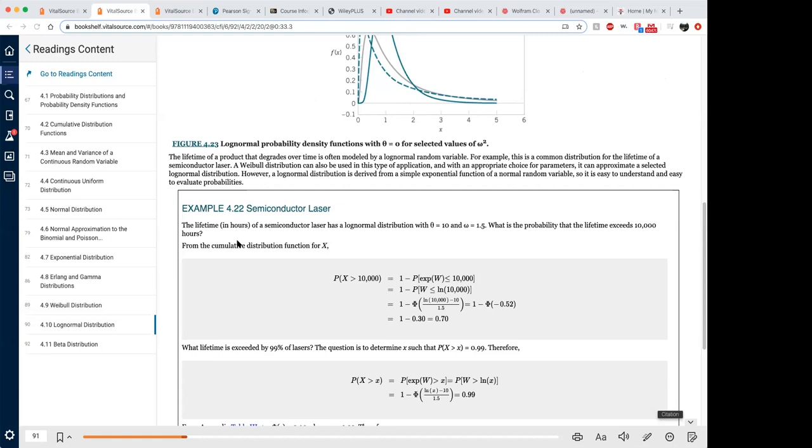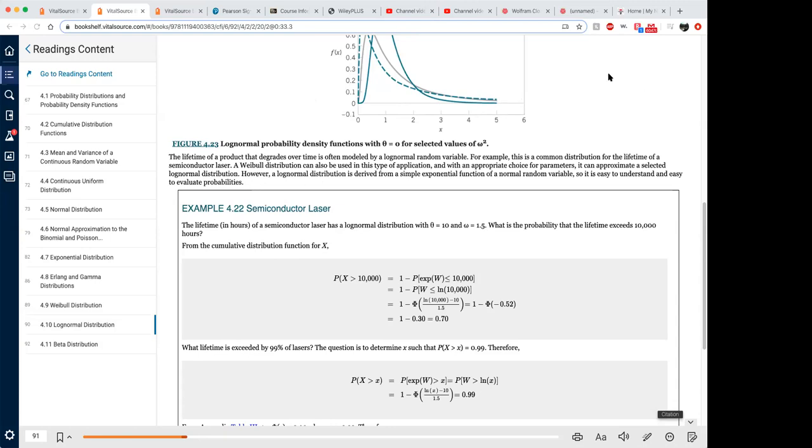The lifetime in hours of a semiconductor laser has a Lognormal distribution with theta equals 10 and omega equals 1.5. What is the probability that the lifetime exceeds 10,000 hours?